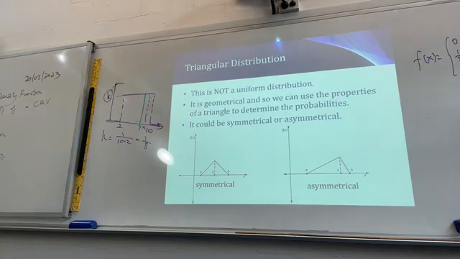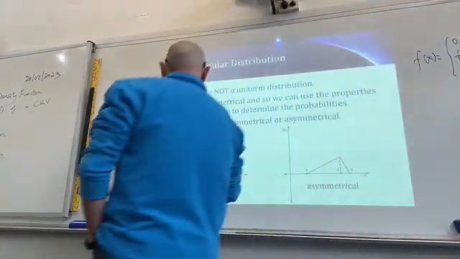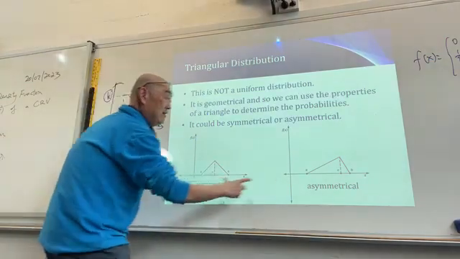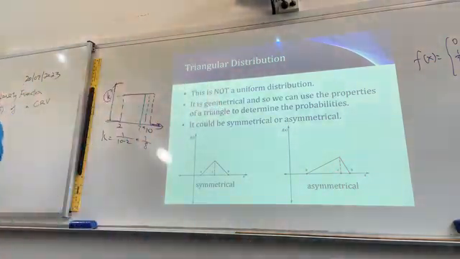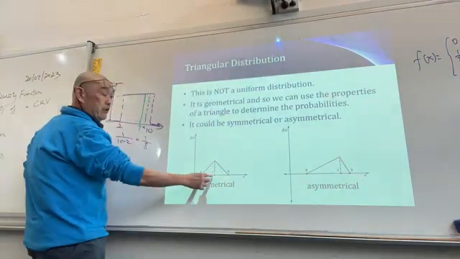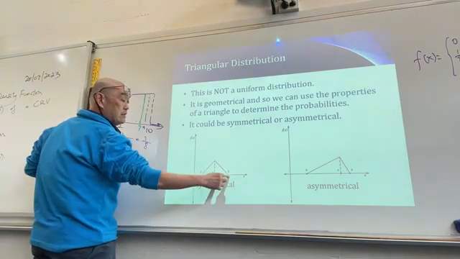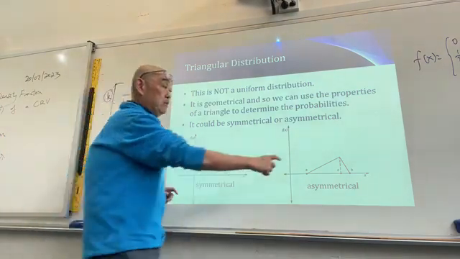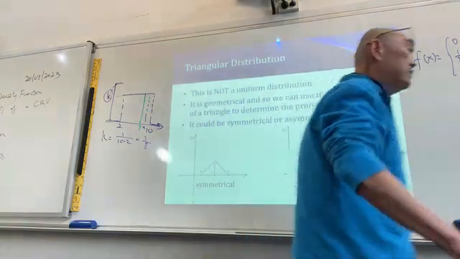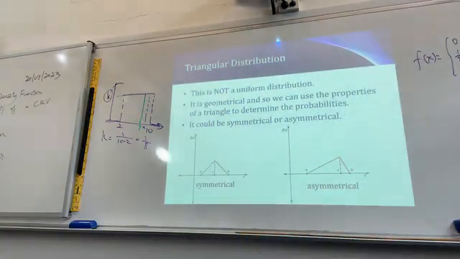It could be symmetrical or asymmetrical. So that is symmetrical, that is asymmetrical. Which means the distance from A to C is the same as the distance from C to B, whereas in this one, A to C is different from the distance from C to D. Asymmetrical.